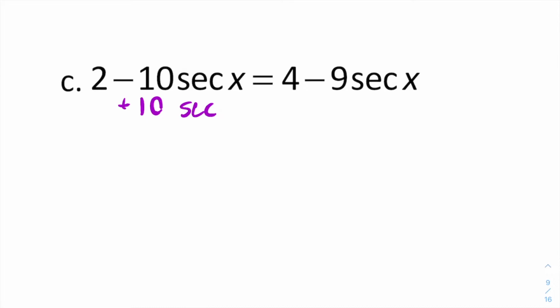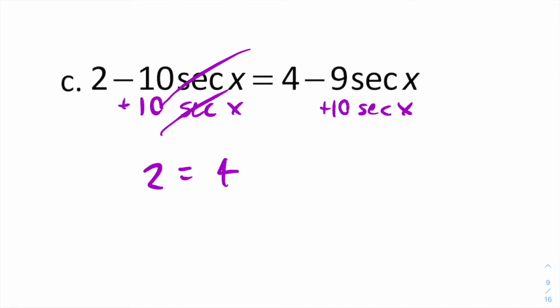So I'm going to add 10 secant of x to both sides. This 2 equals 4, and then that's just really plus 1 secant of x right there. After that, I guess we could go ahead and subtract 4. That'll get us negative 2 equals secant of x.